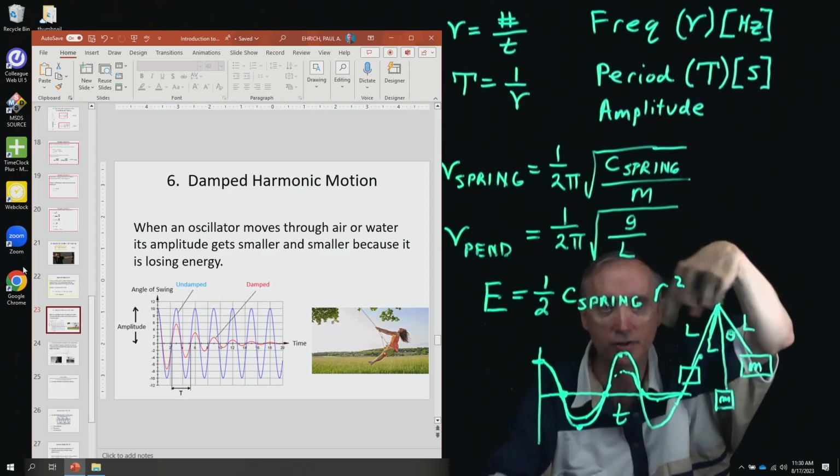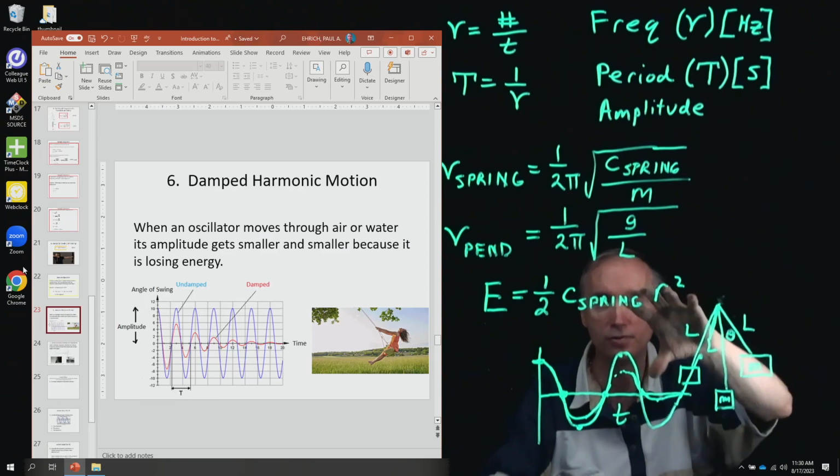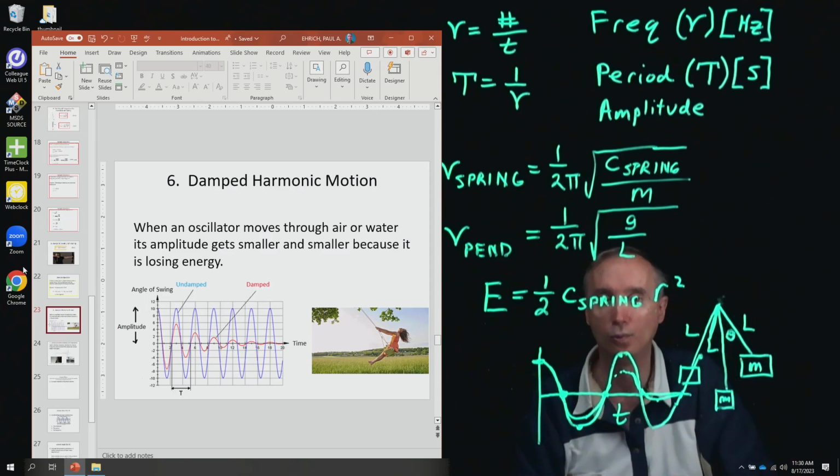There's going to be friction there, so it's also going to lose a little bit of energy up there. But most of it is going to be due to wind resistance. So when an oscillator moves through air or water, its amplitude gets smaller and smaller because it's losing energy. And we say that the system is being damped when that happens.